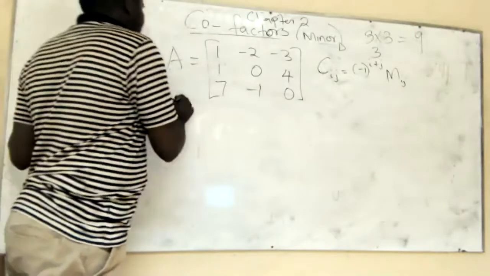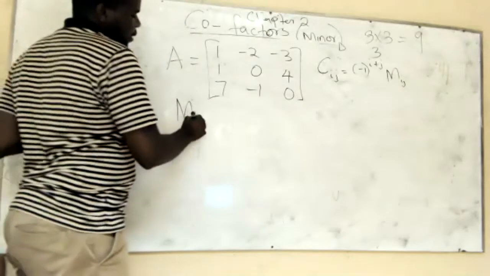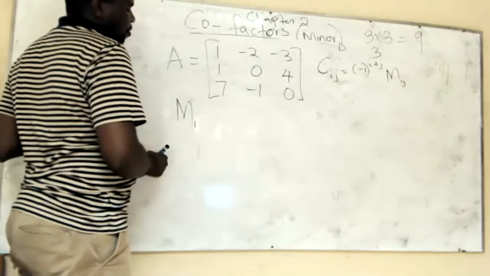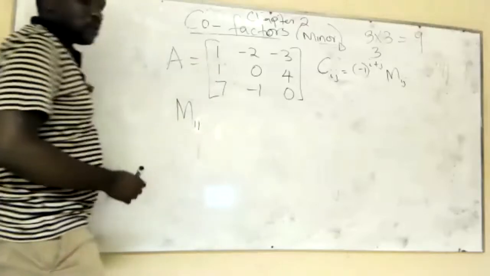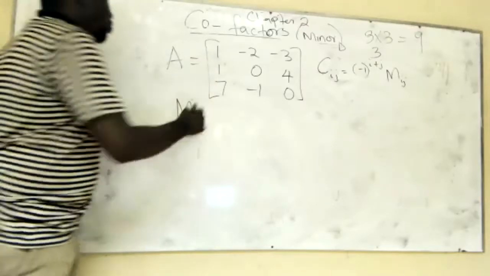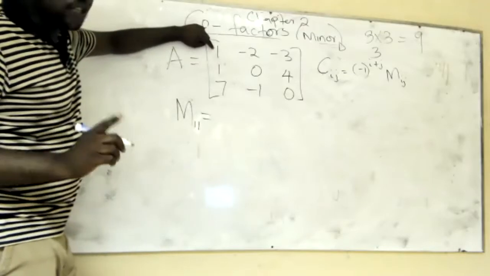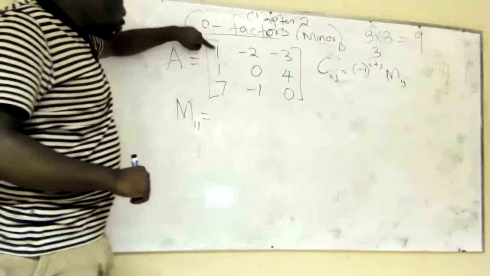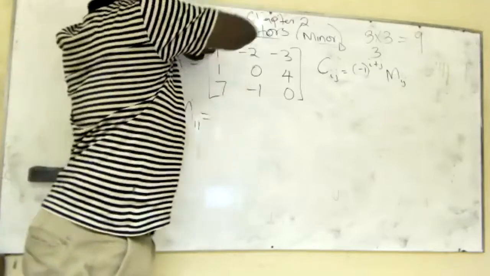This is how we calculate the first minor. Let's say we are calculating for row 1 and column 1. So how do we calculate the minor for row 1 and column 1? You do exactly the same thing that I've explained to you when we get the determinant. You're going to hold the first column and the first row.